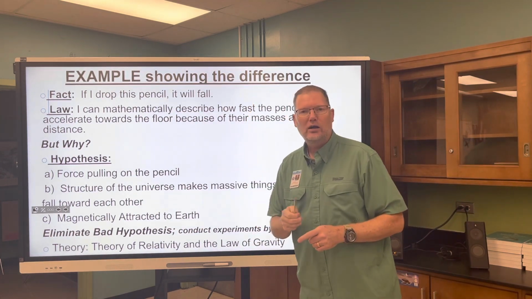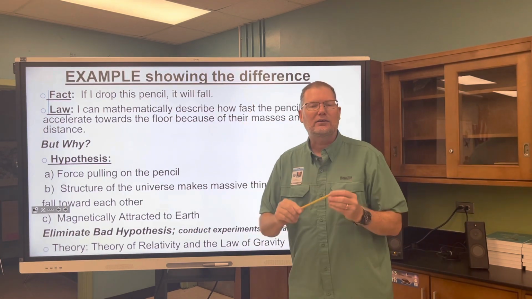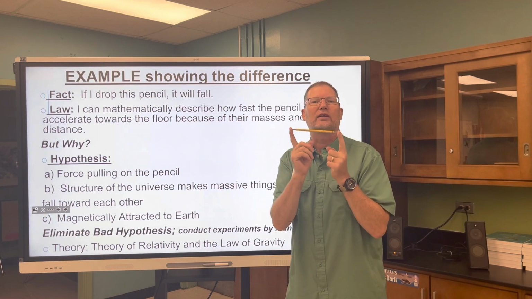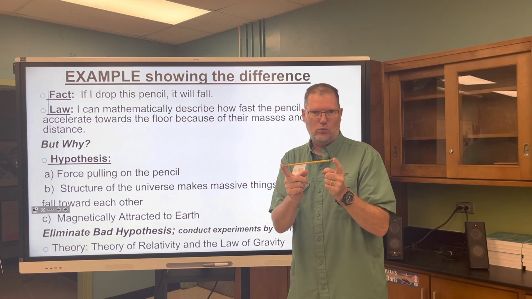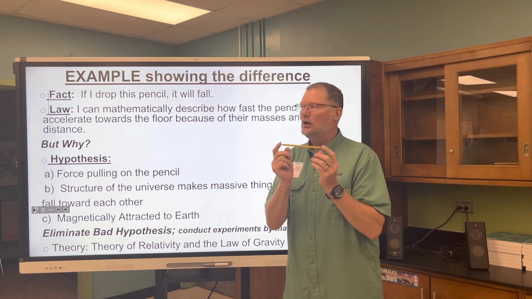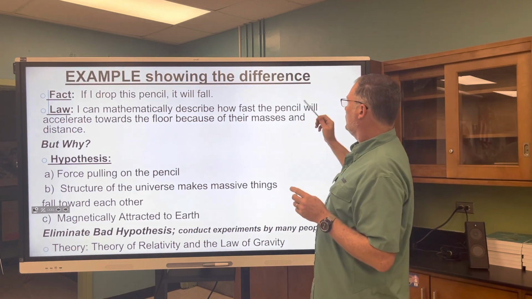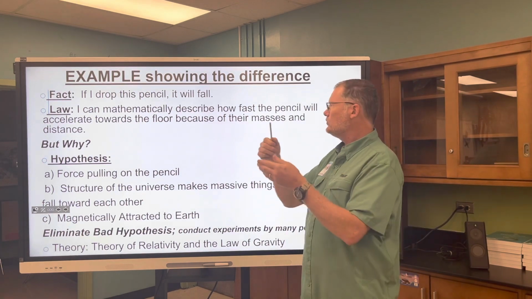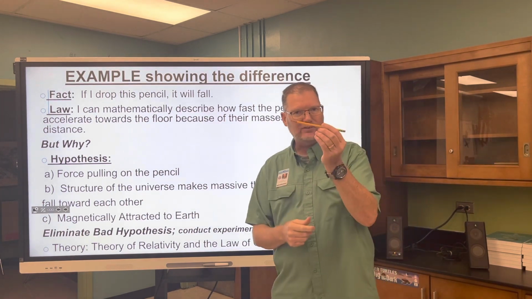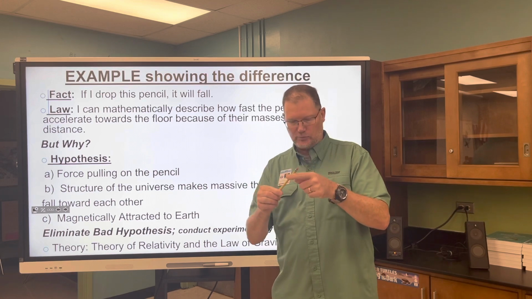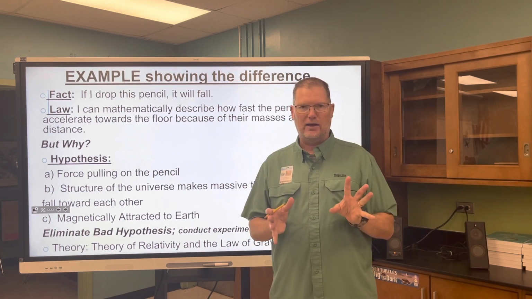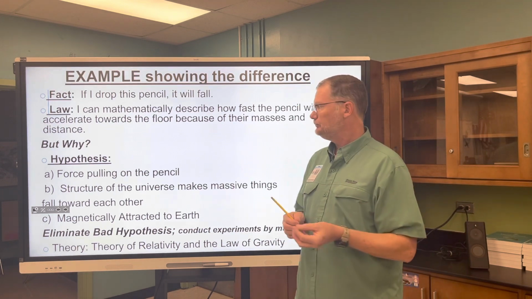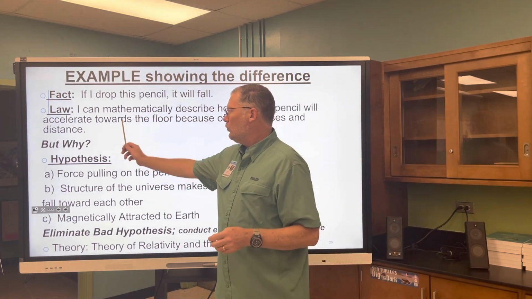A law is I can mathematically describe the natural phenomenon of what is happening here. What, okay? So how fast it will accelerate towards the floor because of the mass of the pencil and the distance from where I drop it, and all that stuff I can do mathematically. That's the law of gravity. Okay? Why?